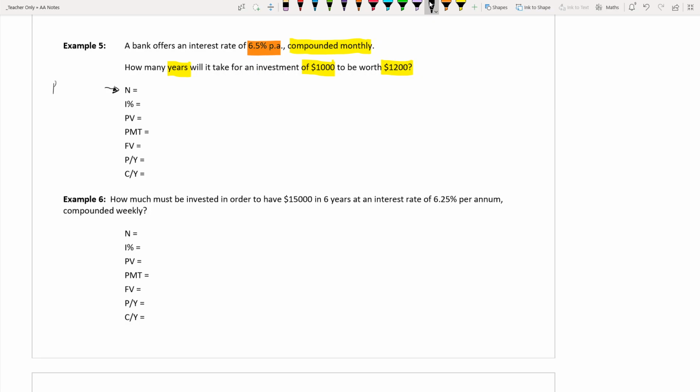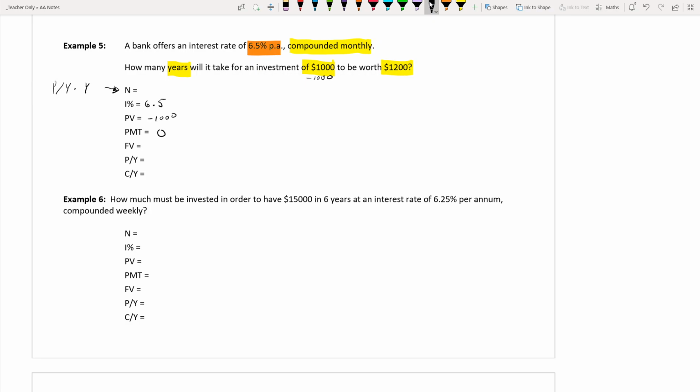And remember, N is PY times Y. So let me put this in and try to get a handle on it. My interest rate is 6.5% per annum, so I'm just going to put 6.5. My present value, I initially invest $1,000, so my present value is $1,000.